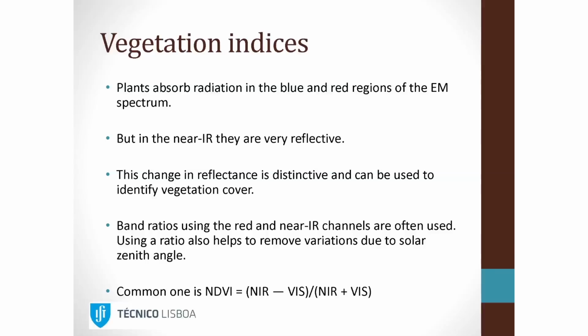So the vegetation index that we calculated was the NDVI. Plants absorb radiation in the blue and red regions of the electromagnetic spectrum, and they reflect in the near infrared. So we use these two regions to calculate this vegetation index.